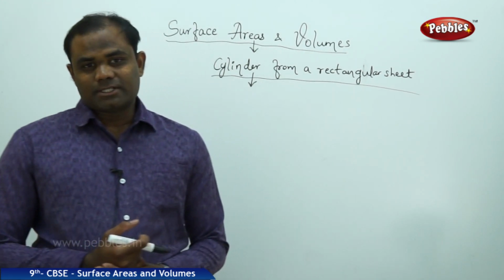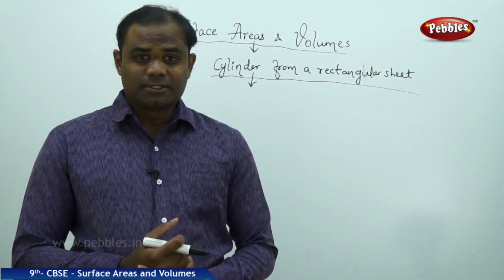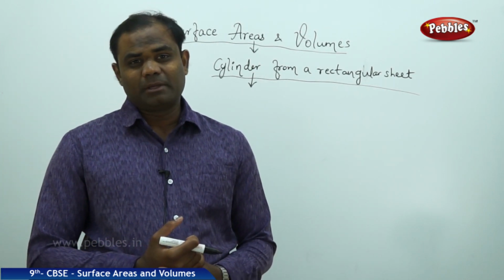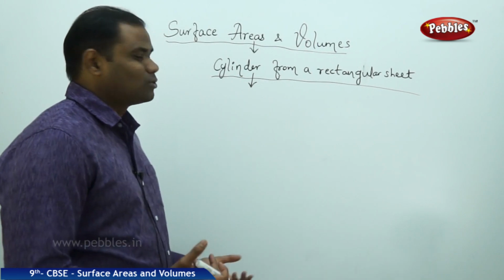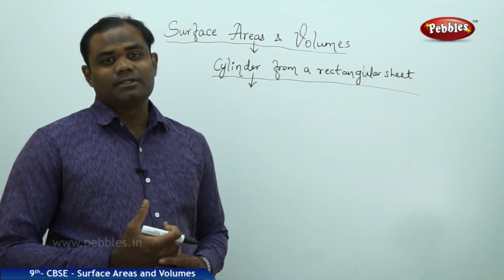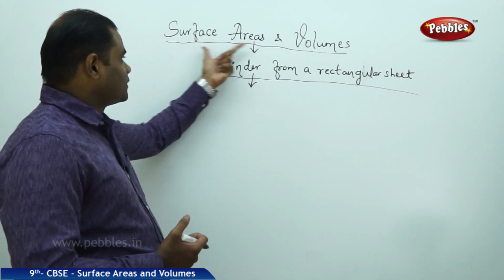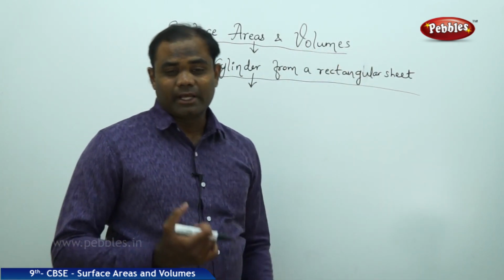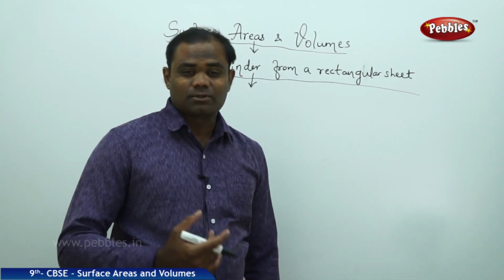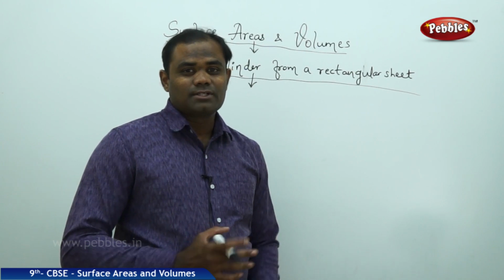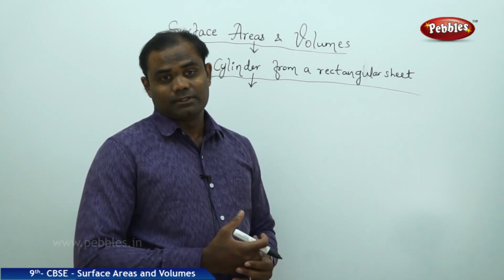Now that we have discussed a cylinder which is derived from a rectangular sheet of paper, let's see what the surface area of a cylinder could be. The topic says surface areas and volumes, and hence, now that we have discussed the cylinder, let's see the surface area of a cylinder.